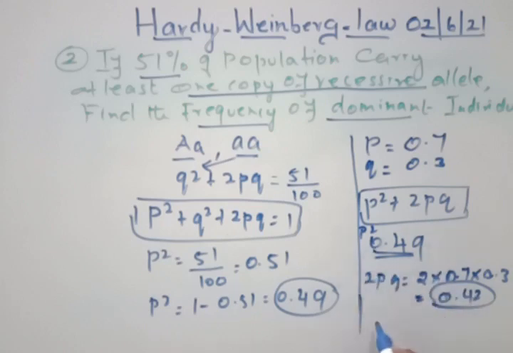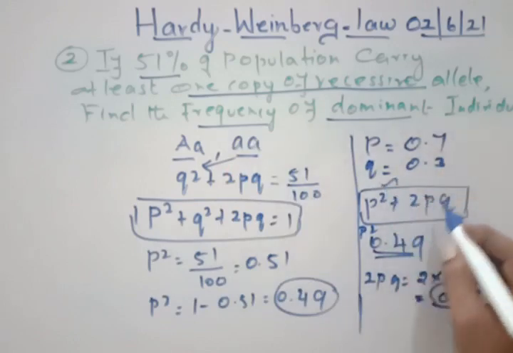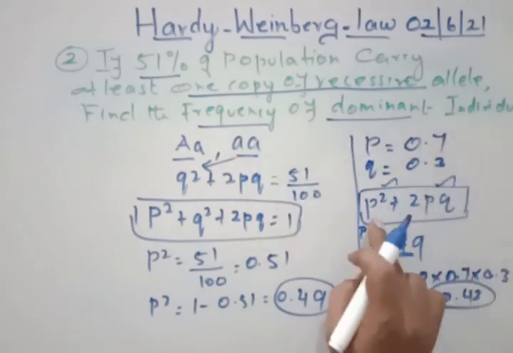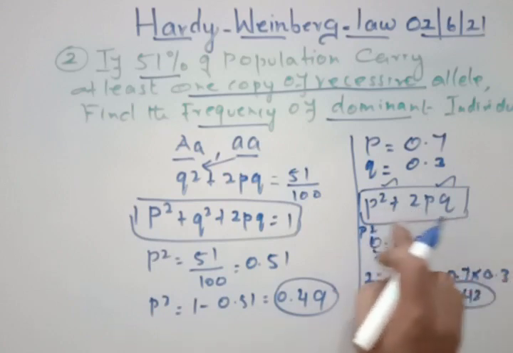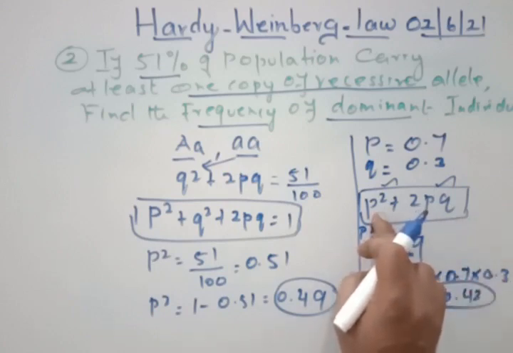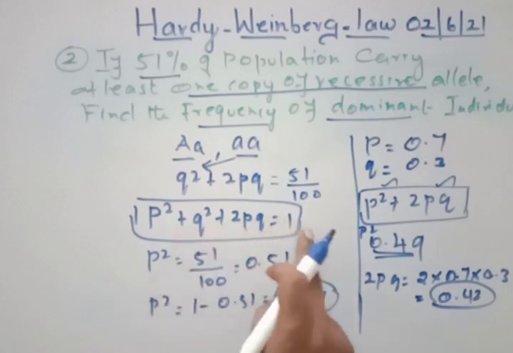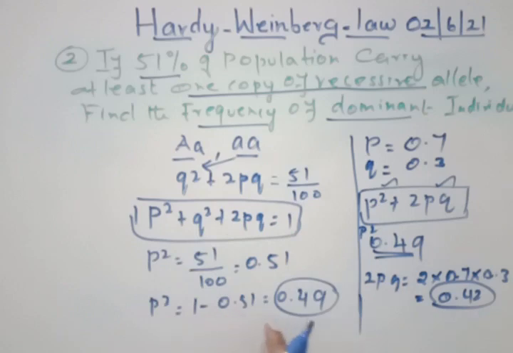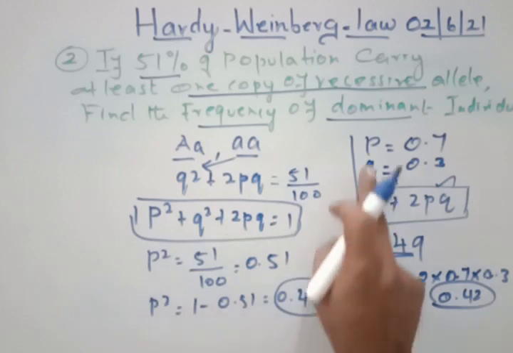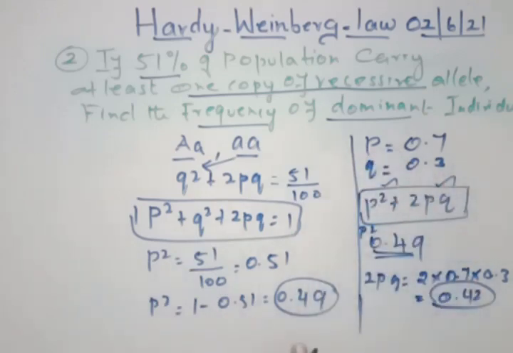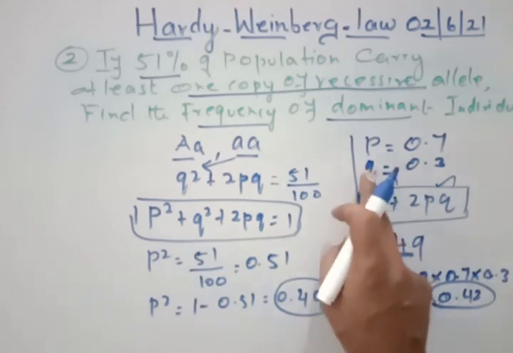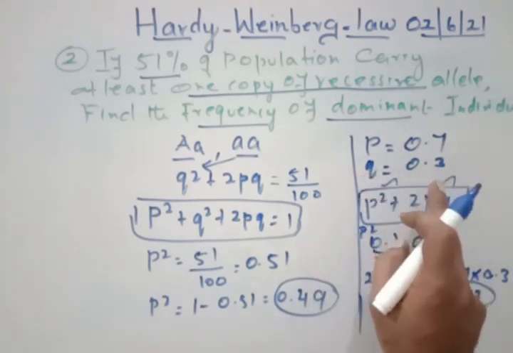So that means the overall frequency is of the dominant allele. So p square is also dominant, 2pq also dominant, but this is homozygous dominant, this is heterozygous. P square value we got. How? 51 divided by 100, 0.51, and based on the equation 1 minus 0.51 you will get 0.49. But the p value is 0.7, and the q value we already know, that is 0.3.